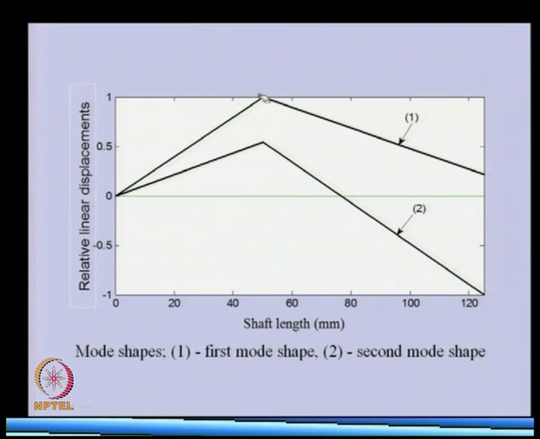So, this is the free end. This is the displacement of the 2 discs, first disc, second disc. Similarly, for these 2 discs, you can see in the first mode both discs have synchronous motion, but in this they have anti-synchronous motion, because this is on the negative side.